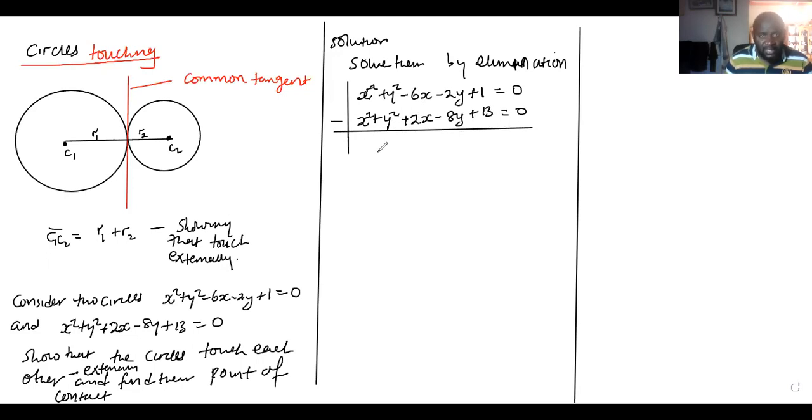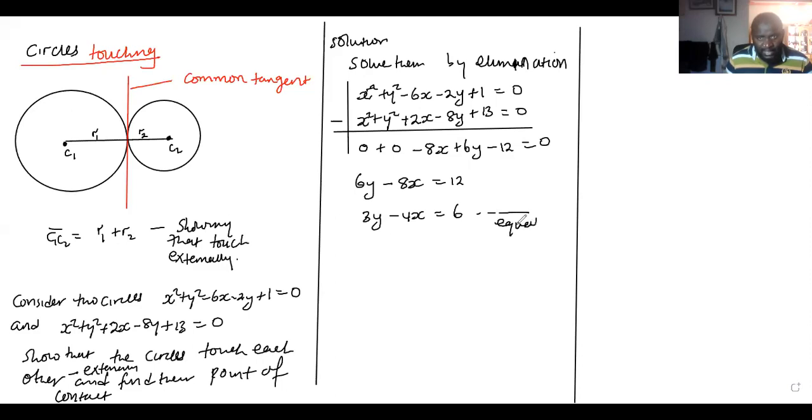So you subtract, and you get 0 plus 0 minus 8x plus 6y minus 12 is equal to 0. So 6y minus 8x is equal to 12, that is, 3y minus 4x is equal to 6, the equation of the common tangent. This is the red line I drew earlier.